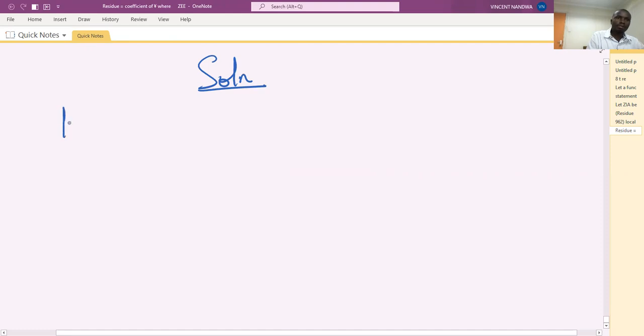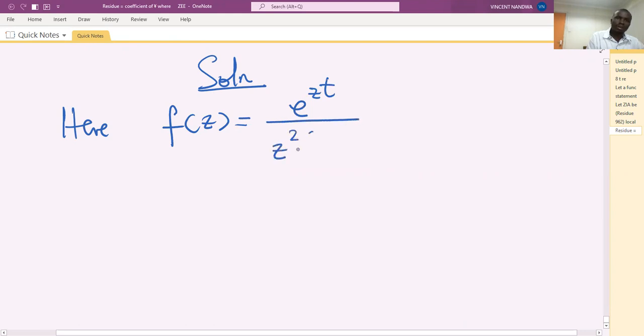So we say here, f of z is a function e raised power zt over z squared into z squared plus 2z plus 2.